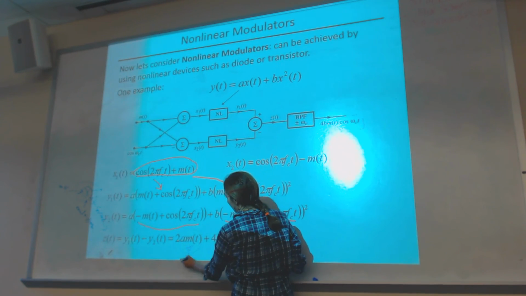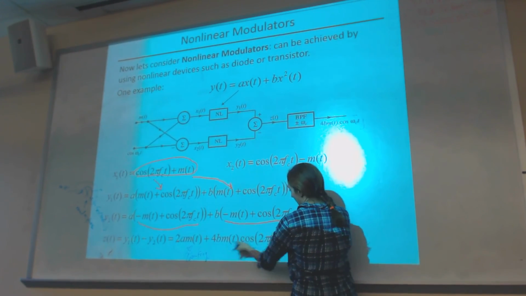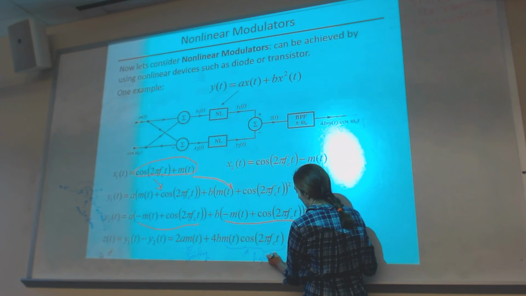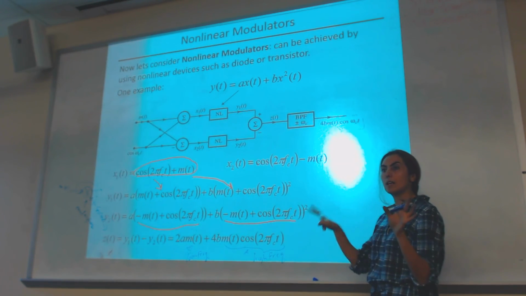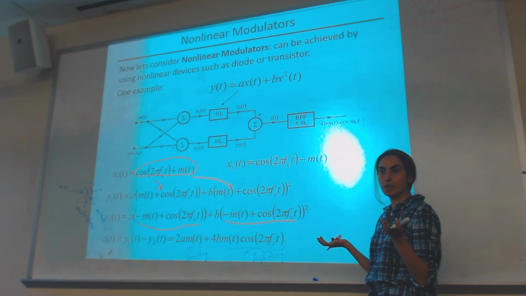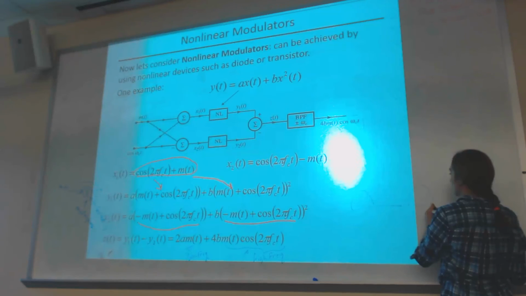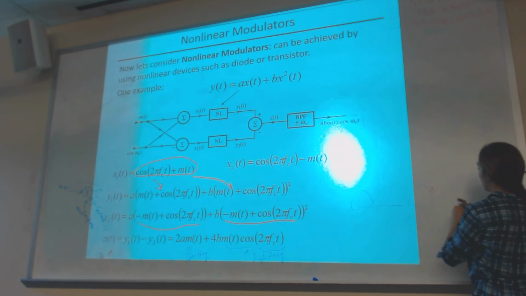Because this is low frequency, and after multiplication, the other is high frequency. How can we separate a low frequency signal and a high frequency signal?